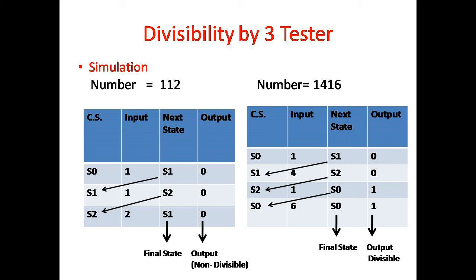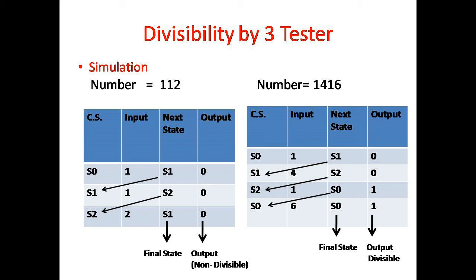Initially, the machine is in H0 state, that is the 0 remainder state, and the input is 1. Then the number becomes 1. If we divide by 3, the next state is S1, that is the 1 remainder state, and it will produce the output 0 because 1 is not divisible by 3.